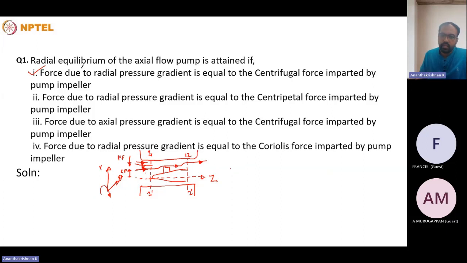So the question is regarding radial equilibrium of the axial flow pump, and we will try to derive a mathematical equation for the same. What we can say is that if there was a variation in radial equilibrium, these streamlines would not have been parallel to each other.